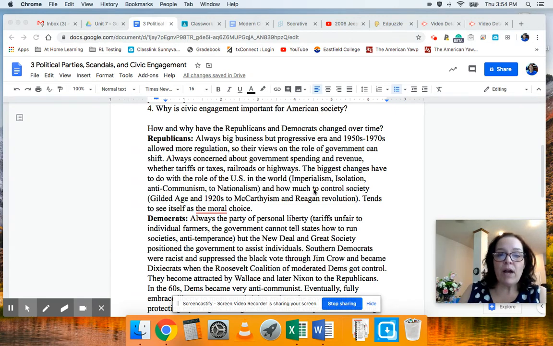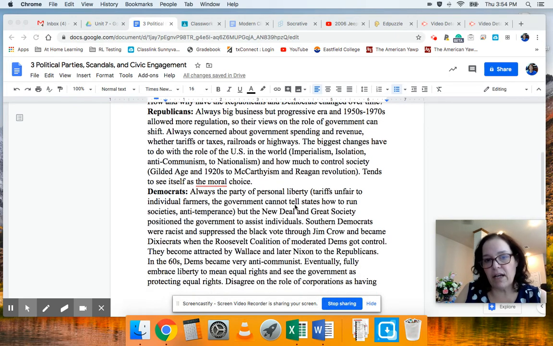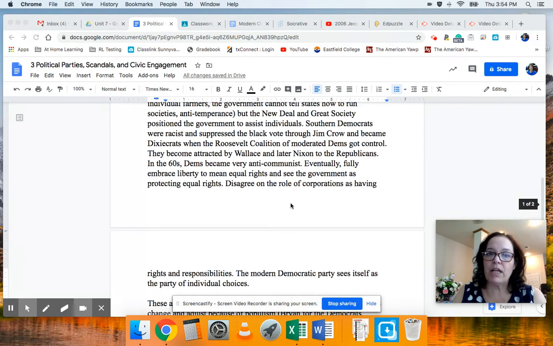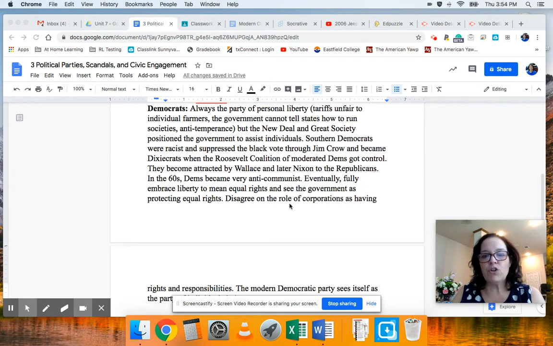Now, the Democrats on a different level have always been the party of liberty. Now, I use the term liberty in a very extremely broad sense, okay? And I say that because, remember, these are the Democrats that liked slavery, liked Jim Crow. So obviously, when I talk about liberty for them, I'm not necessarily talking about everyone's liberty.